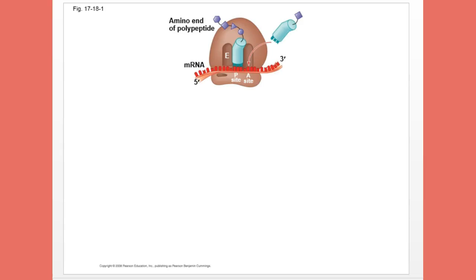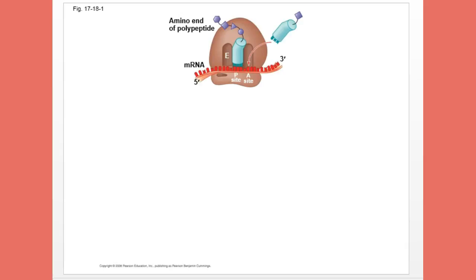This figure, on page 341, is figure 17.18. This first step is showing codon recognition. The anticodon of the incoming aminoacyl tRNA base pairs with the complementary mRNA codon in the A site. So it comes in and pairs in the A site with its complementary codon.